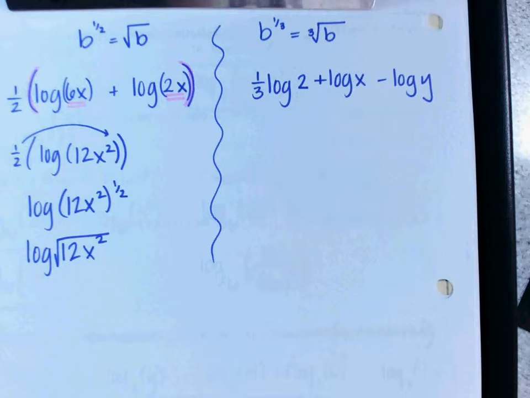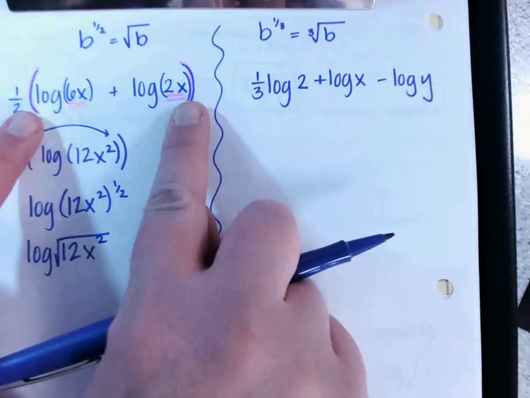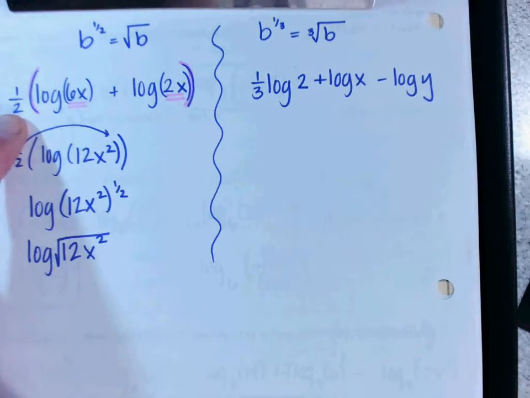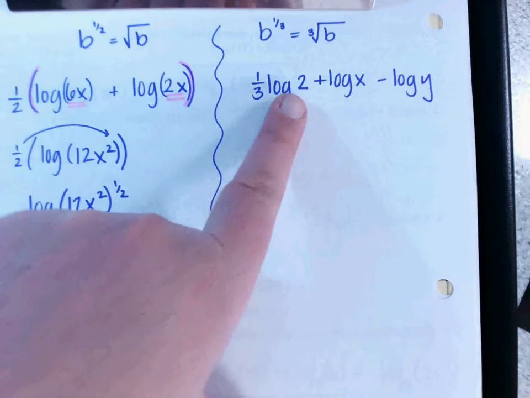Okay, so first question, there aren't any parentheses on here. Then what does the 1/3 apply to? Does it apply to multiple logs or just the log 2? Only the log 2. Notice that here, these guys were grouped. That's why they shared the 1/2. Okay, but this 1/3 only applies to the 2.